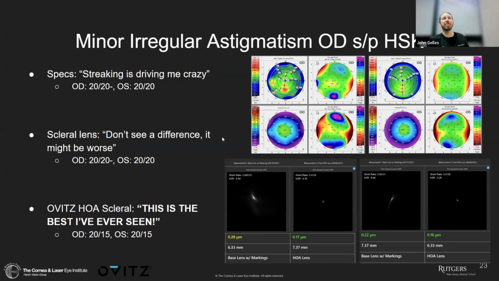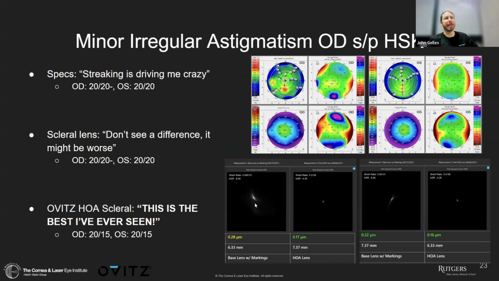You can see in the images below on the left side his point spread function. You can see how spread out the aberration is on the right eye here.